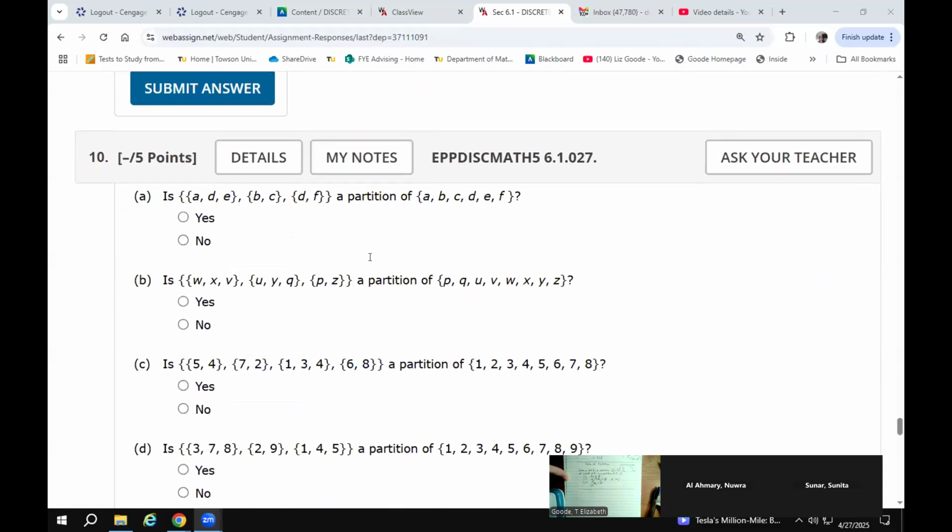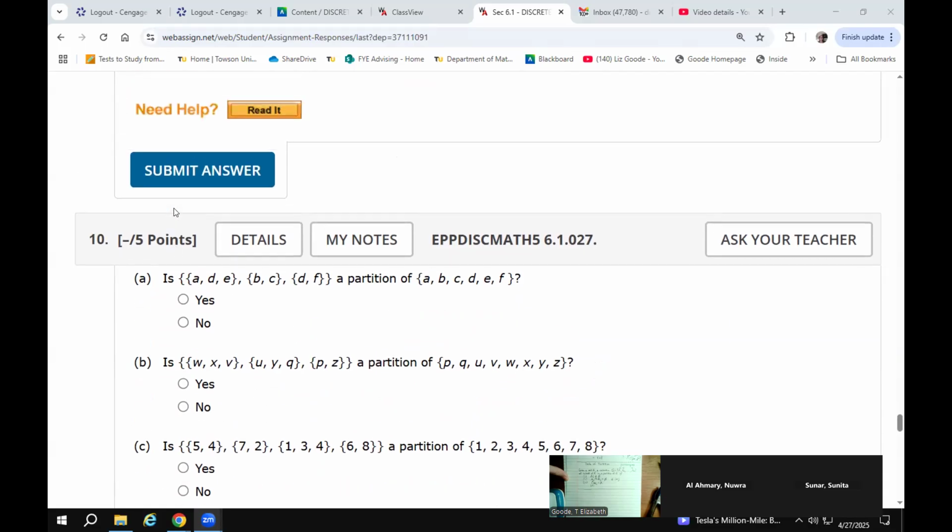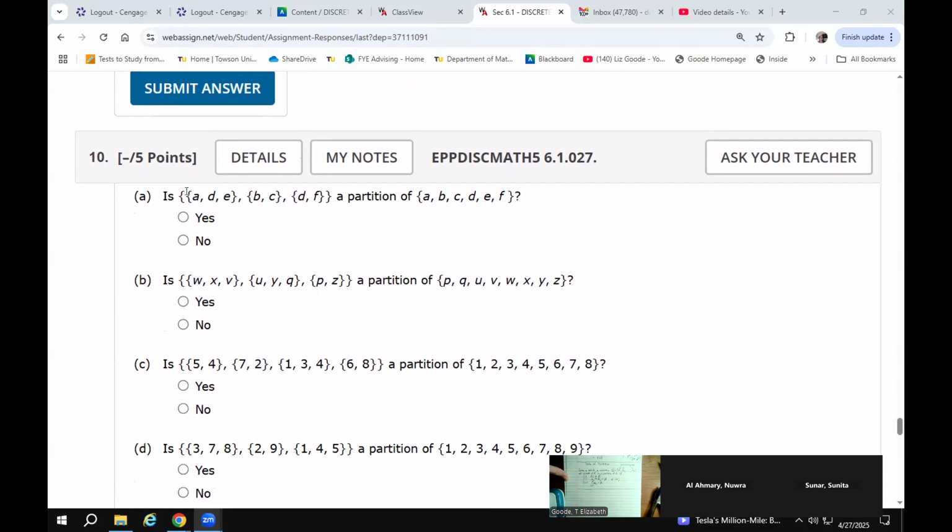Okay, so here we're not even given names for the different partitioning sets. Like in part A, we're just given 3 subsets of this big set. So the set big A has little a, b, c, d, e, and f in it.